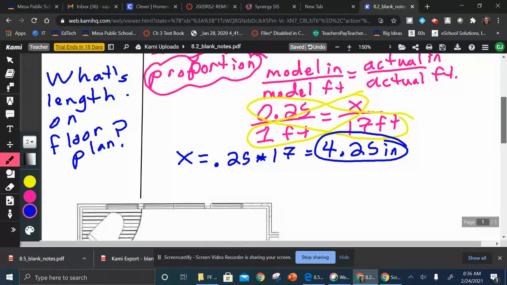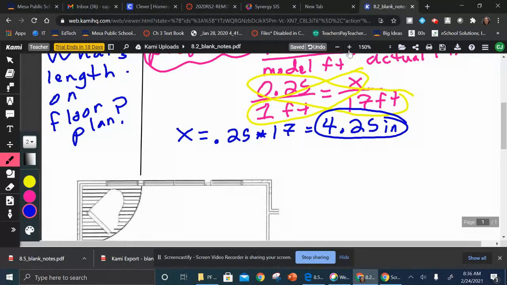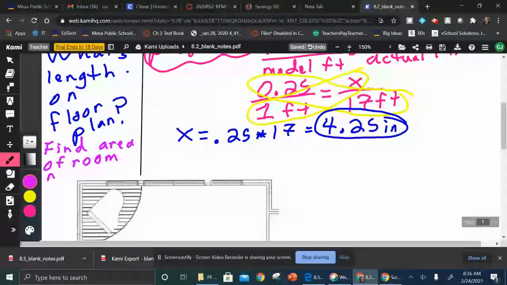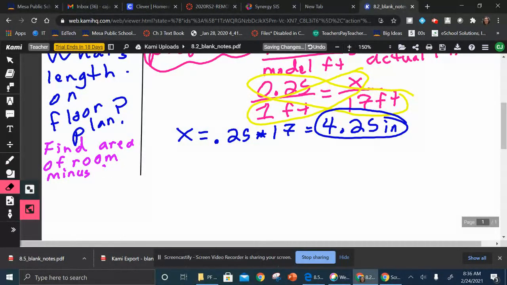Okay, so this one, everybody. If we're using this and we want to find the area of the room minus the piano, we're going to take the piano out. Sorry, it's okay. Just going to have to add that image on real quick, everybody.